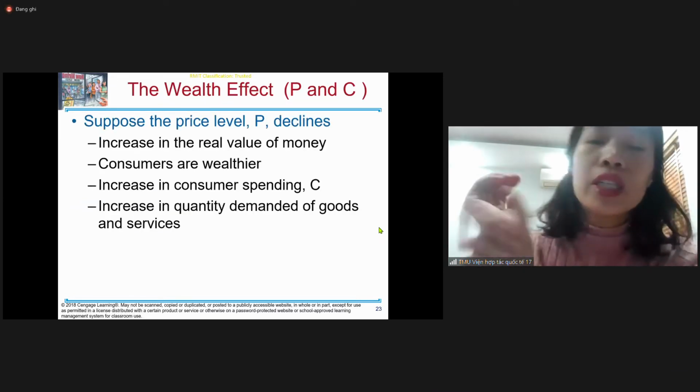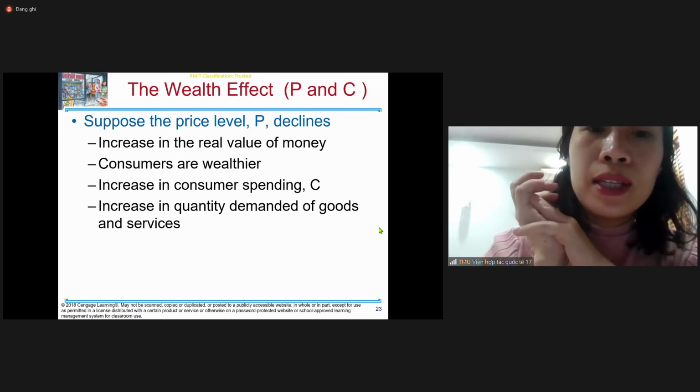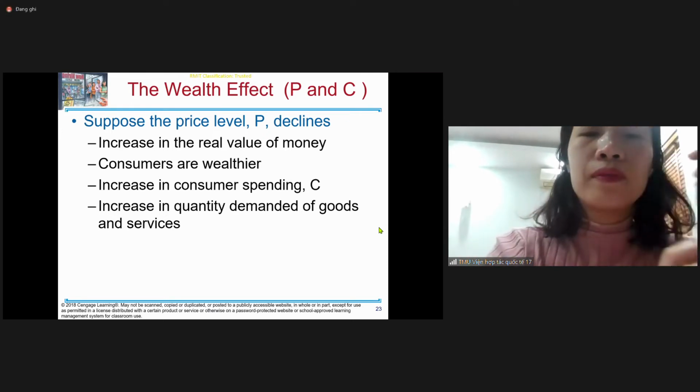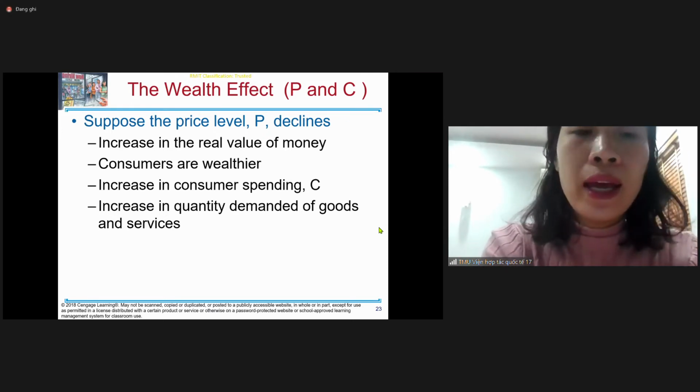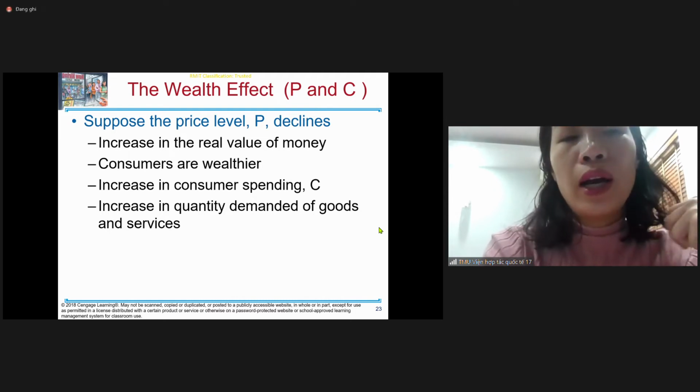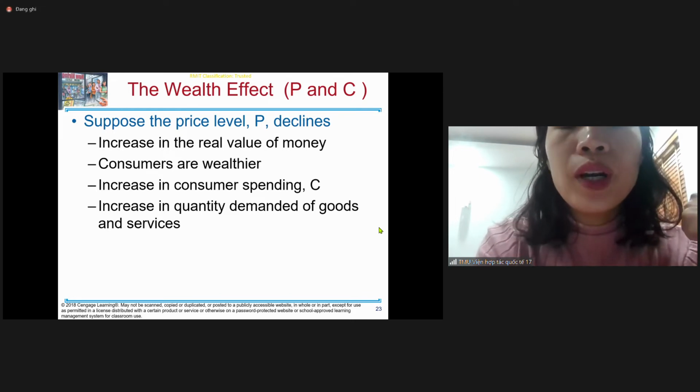Okay, so next up, what do we have next? We have just talked about how we can calculate AD from a given value of C, I, G, and X, right? And we also know how we can calculate the multiplier.